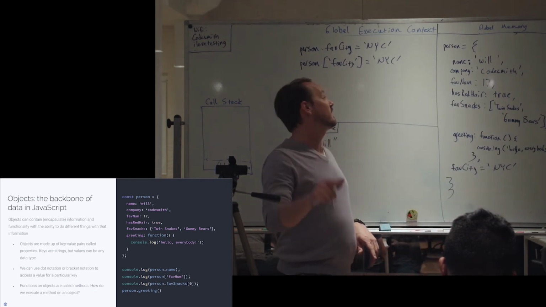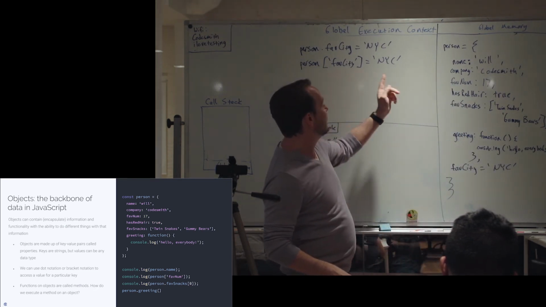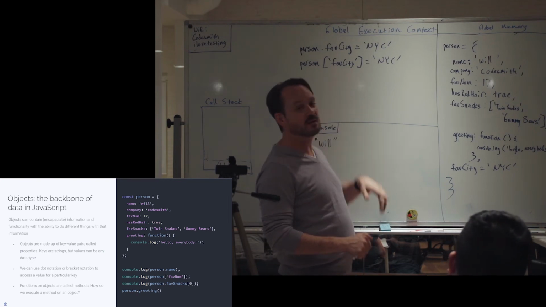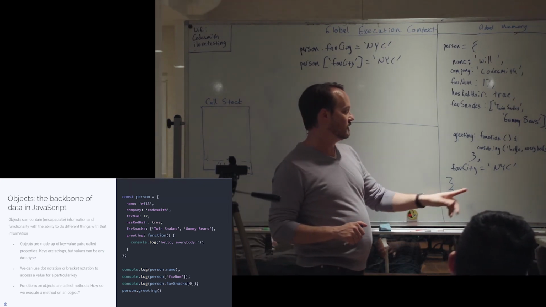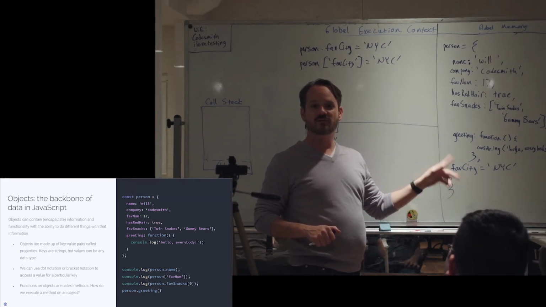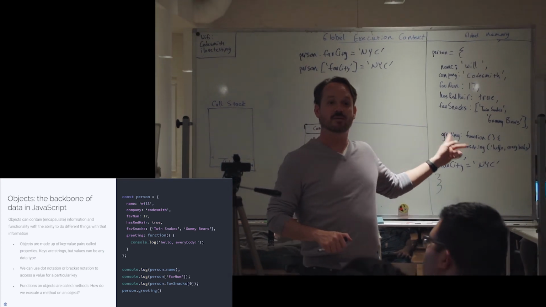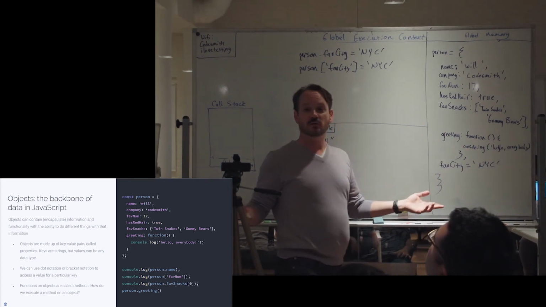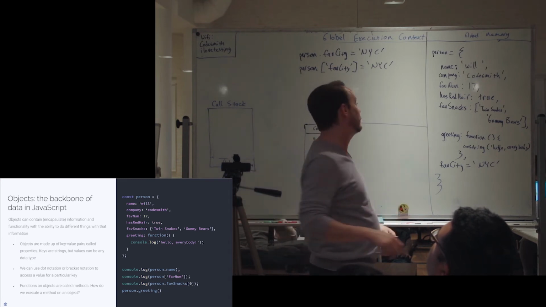So if it exists, if I said person.favenum equals 3, it's not going to add something to the bottom, right? Because favenum already exists in my object. So what's it going to do? It's going to change its value. Exactly.